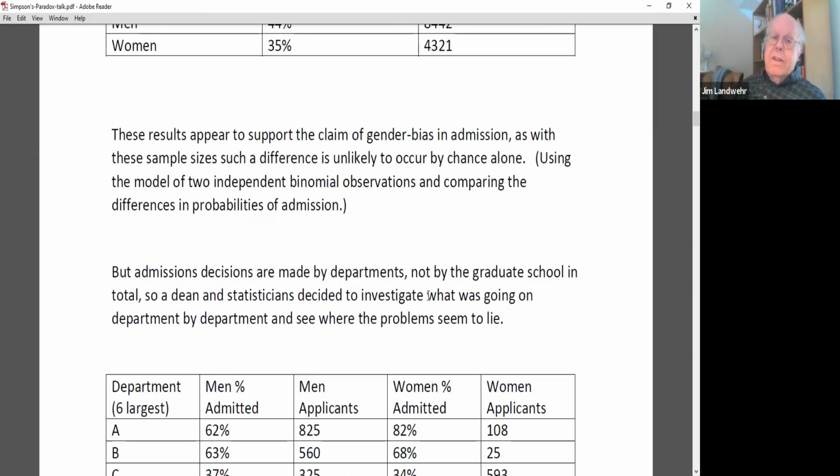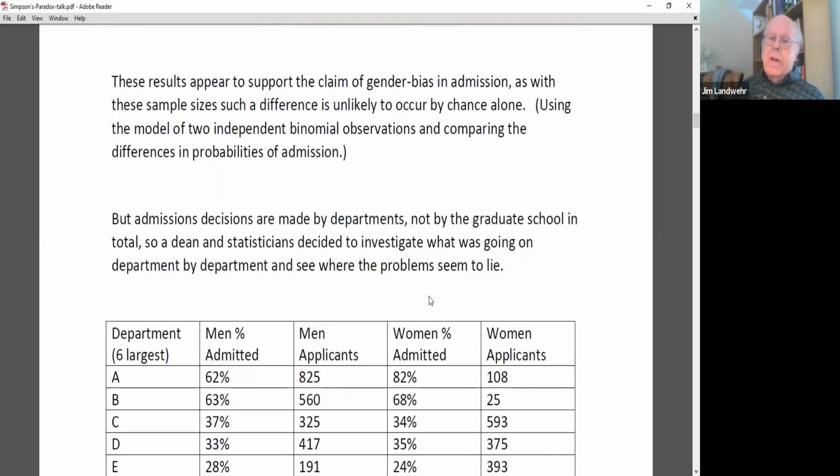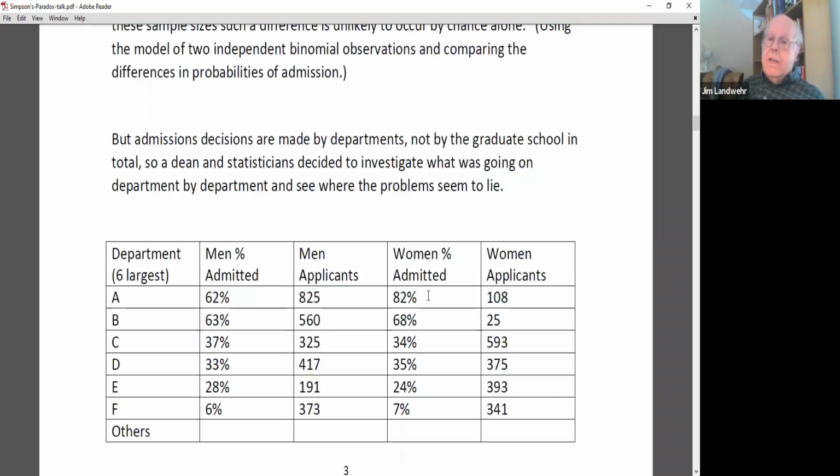And this was an interesting part of his career. They decided, well, people are admitted to departments, so let's look at the data by department and see which departments seem to be having the problem and what's going on. So let's look at it in more detail.